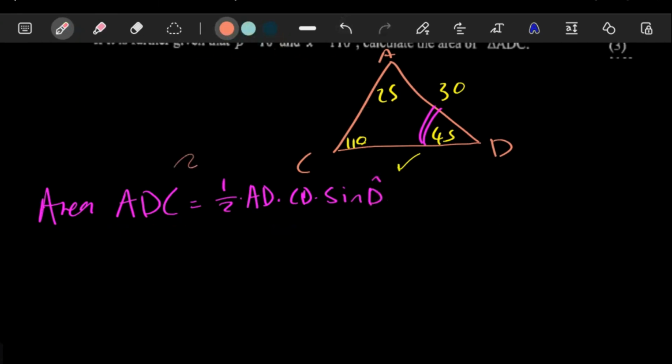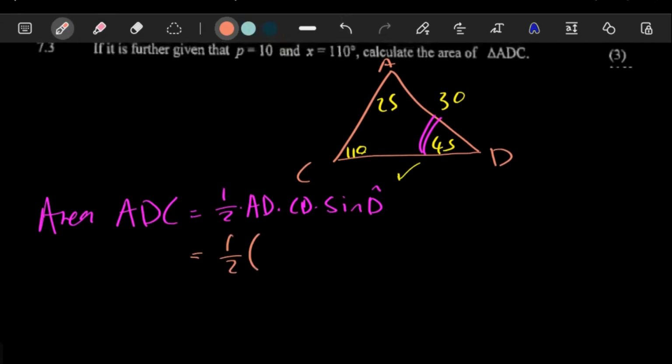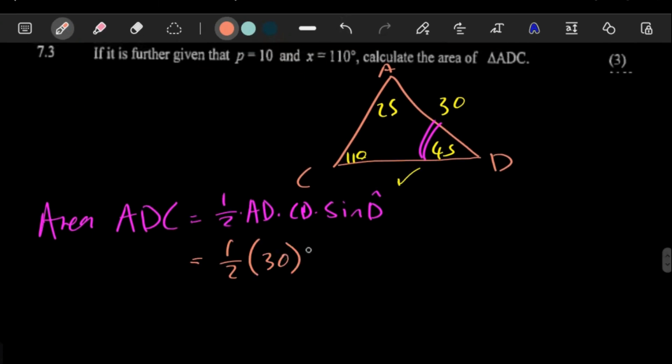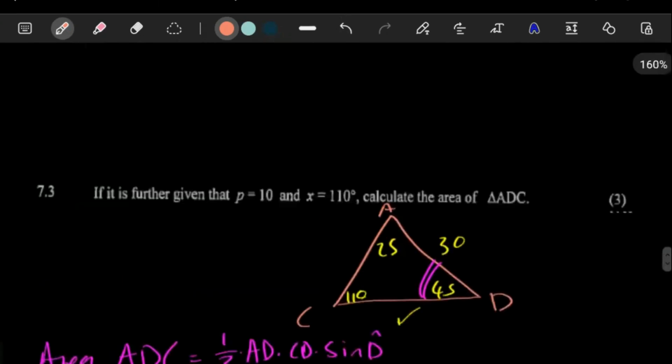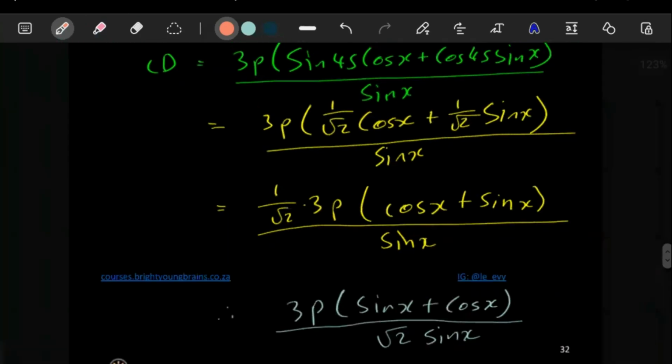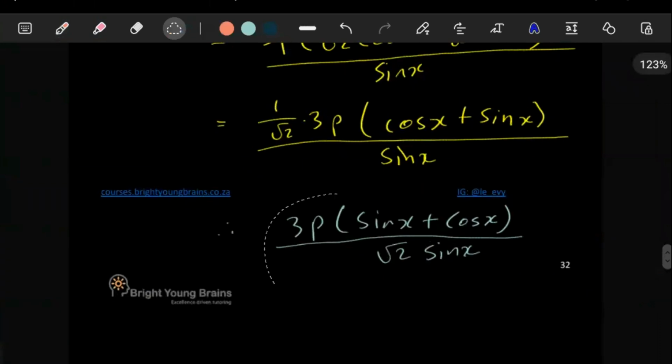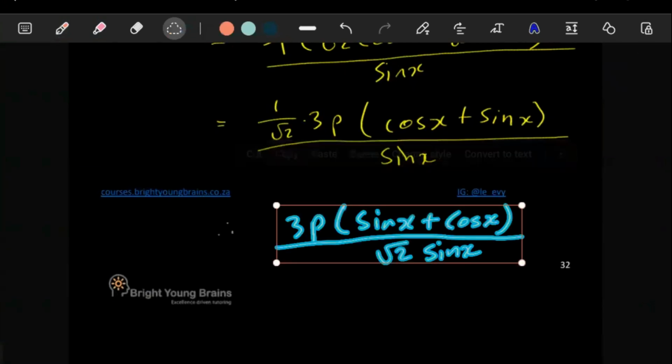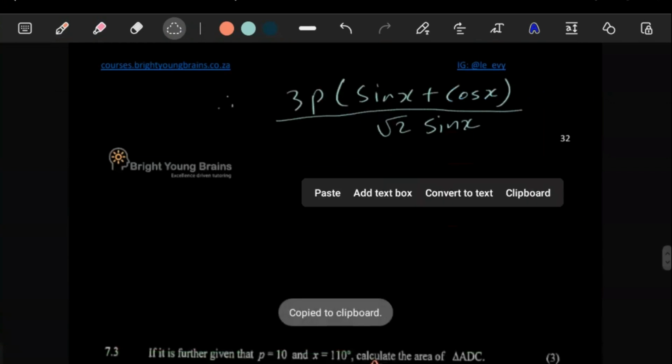And then this is a half. AD is 30. CD, let's actually get a length for CD before we do things that are just crazy here. Let's see. Copy, paste.